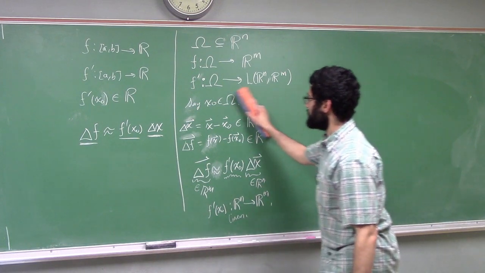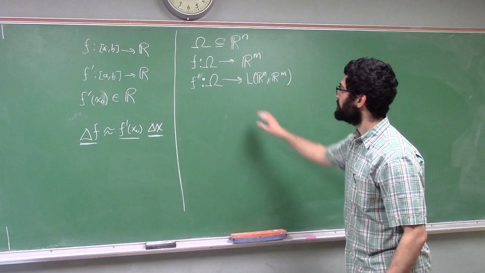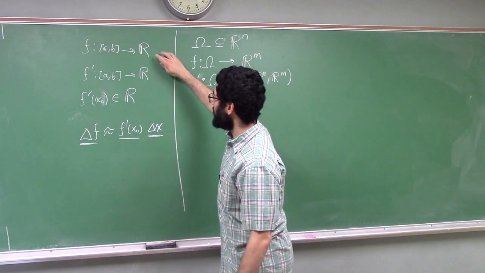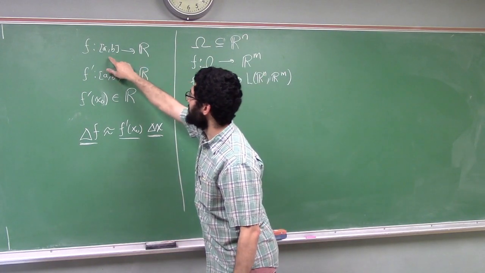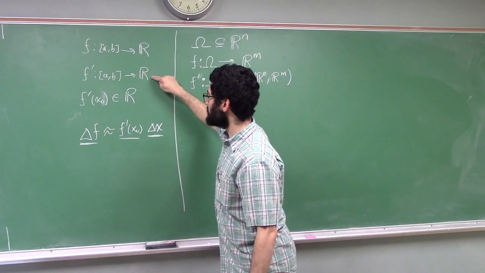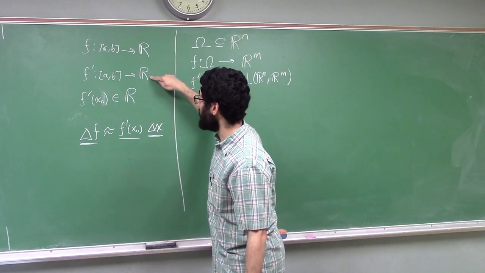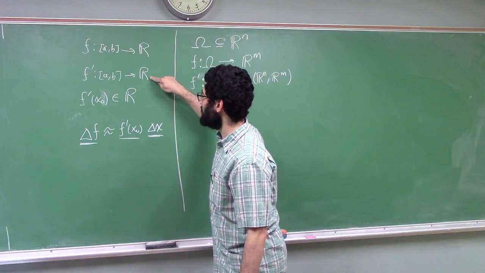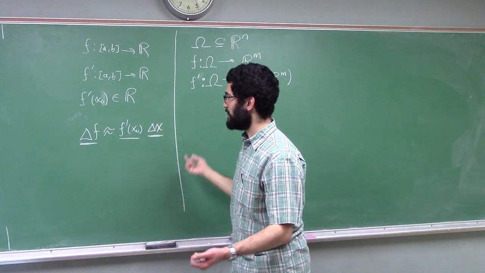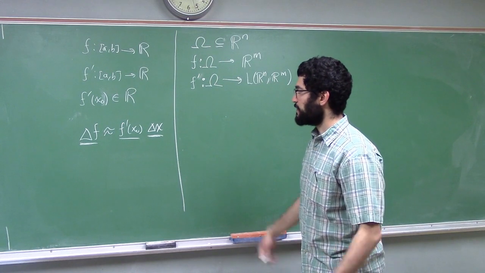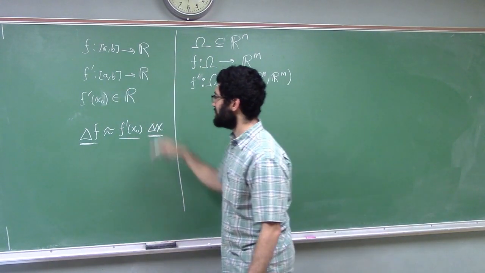So let me get the clutter out of the way for a sec and just look at what has happened. Back here, in the one-dimensional situation where you have one-dimensional input and one-dimensional output, when you take a derivative, you're used to having the same kind of function. You can keep taking derivatives, and you can talk about taking a derivative 117 times and it'll still be a function of this type.